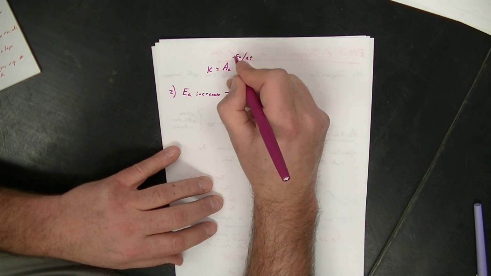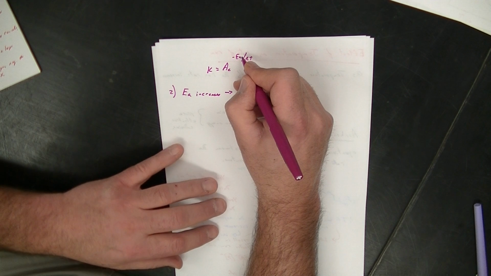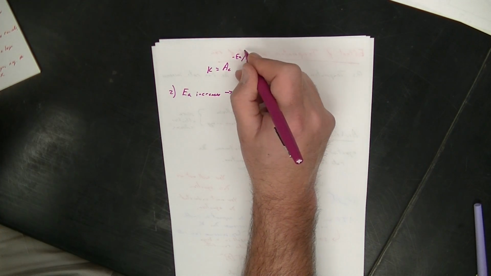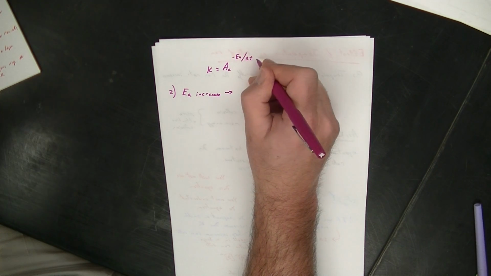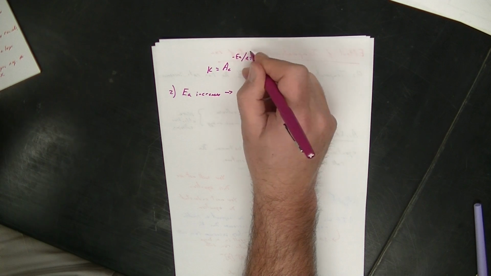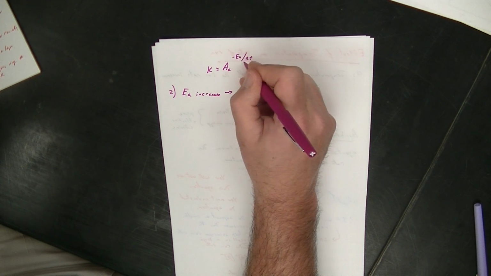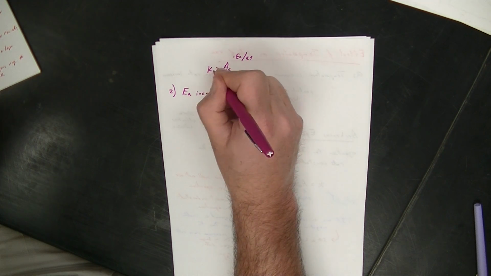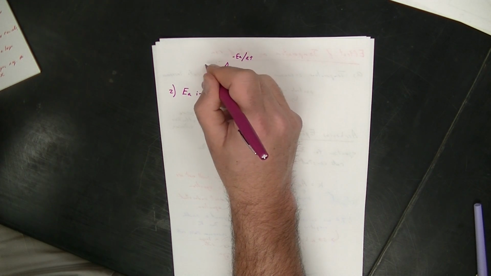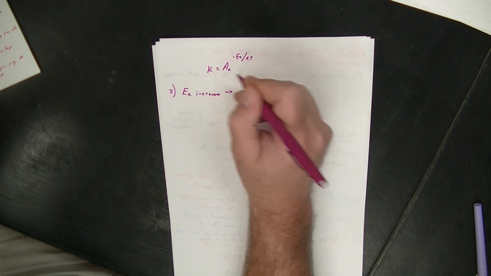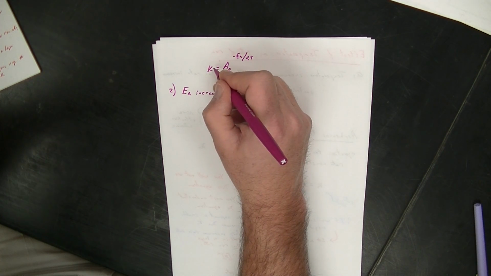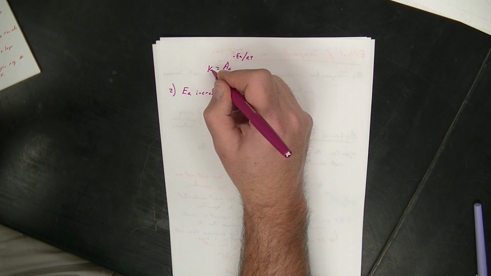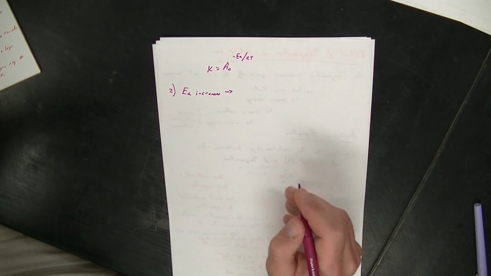If our activation energy is increasing, it makes this exponent larger, a bigger negative number. If this is a bigger negative exponent, what does that do to my K? Well, it's going to make it smaller, which means our reaction is going to go slower.